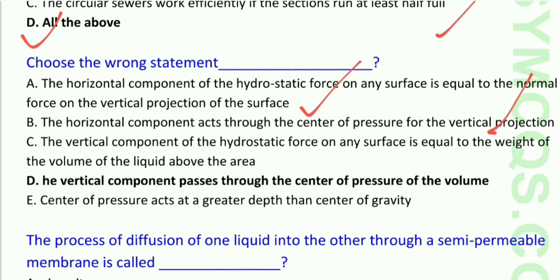The vertical component of the hydrostatic force at any surface is equal to the weight of the volume of liquid above the area. Right. The vertical component passes through the center of pressure of volume. This is wrong. Center of pressure is at a greater depth than center of gravity. Right. Next question.